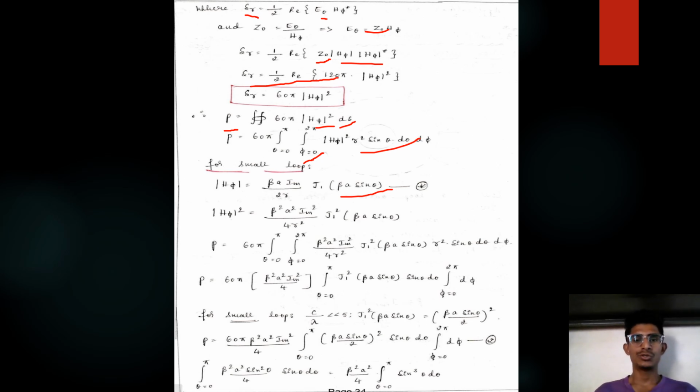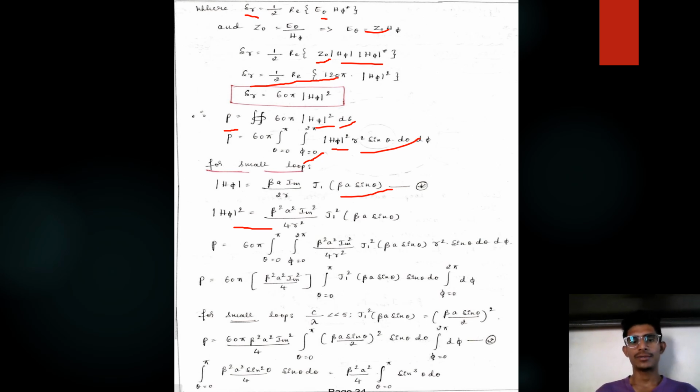And substituting this H phi whole squared value in the power theorem, P is equal to 6 pi, the limit from theta 0 to pi and the limit of phi 0 to 2 pi.